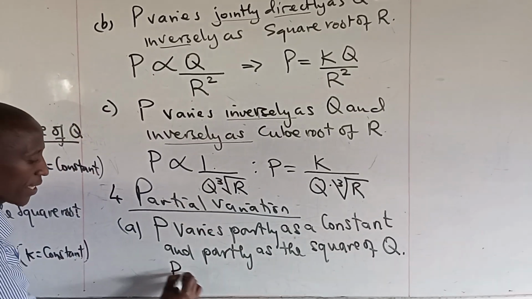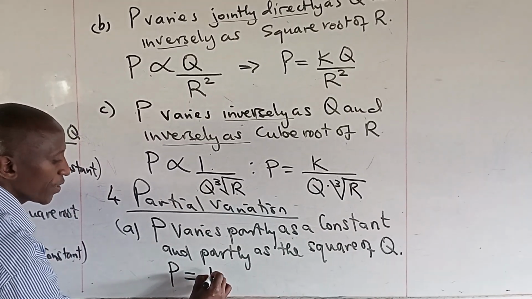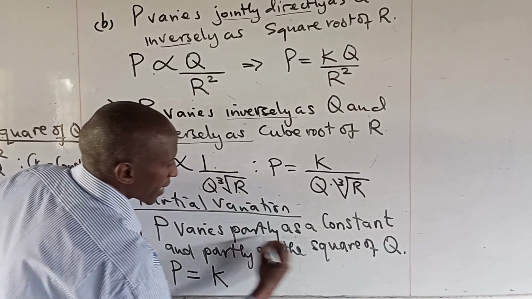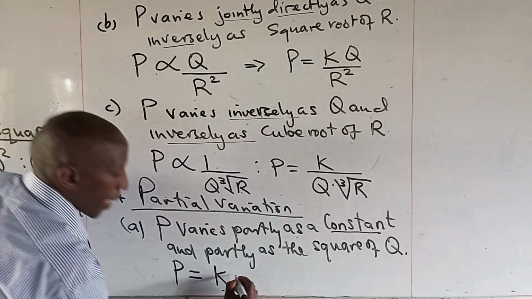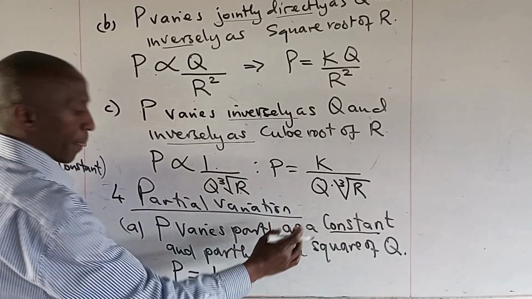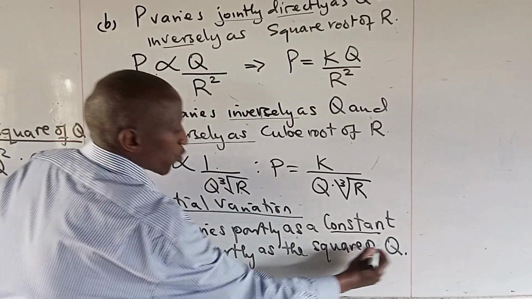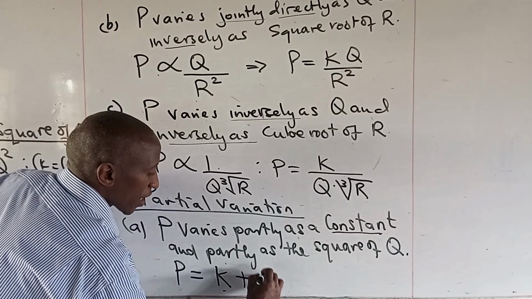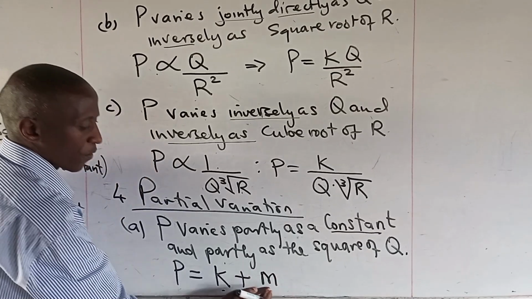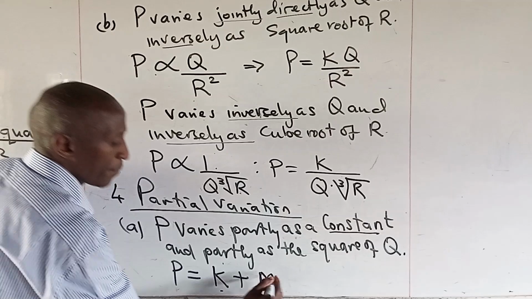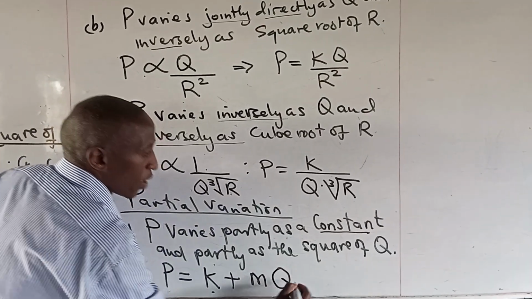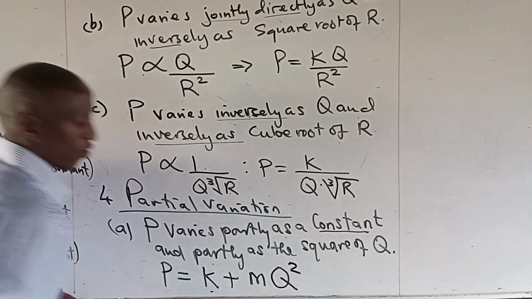We say P is equal to a constant K. It varies partly as a constant, and that is the one we are showing here, plus partly as the square of Q. So we shall have another variation constant here, proportionality sign here M, so that now Q can vary as its constant.